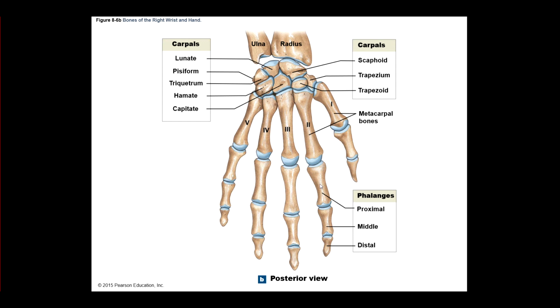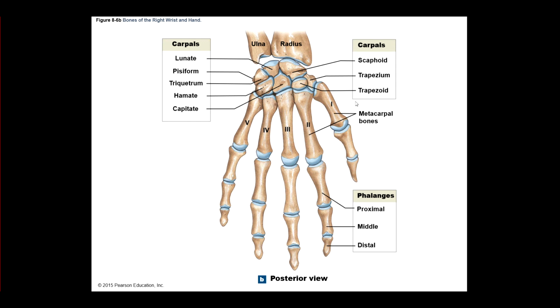So the one closest to the shoulder, let's say, is the proximal phalange. The one furthest away is the distal, and then the one in between we're going to call the middle. Right? So each one of the fingers here that isn't the thumb is going to have 3 phalanges, a proximal, a middle, and a distal.